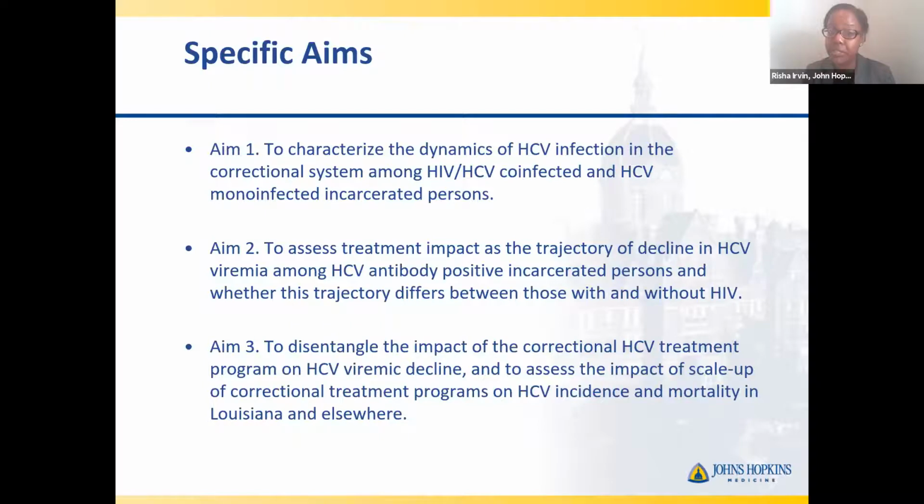And then aim 3, to disentangle the impact of the correctional HCV treatment program on HCV viremic decline, and assess the impact of scale-up of the correctional treatment programs on HCV incidence and mortality in Louisiana and elsewhere. So this is really our modeling aim so that we can think about impact across the country.